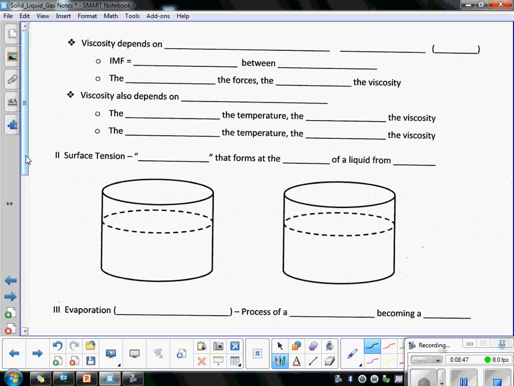Okay, what is the cause of viscosity? Well, you, in your previous assignment, had looked at intermolecular forces. Well, these intermolecular forces are the reason why you have substances with different viscosities.